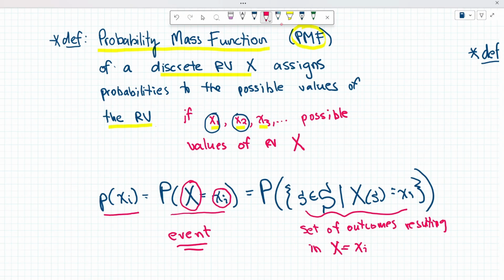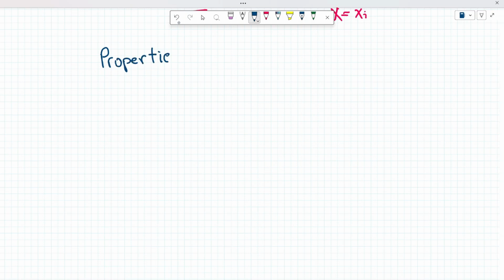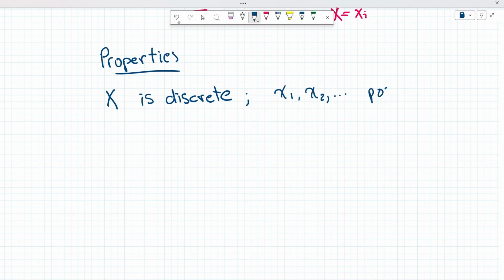Now let's look at some of its properties, because it's important to understand them, as there are some criteria that have to be met in order for us to use this equation. Remember that X is discrete, so that is very important. This only works for our discrete variables. And also remember that our x1, x2, and so on are our possible values.